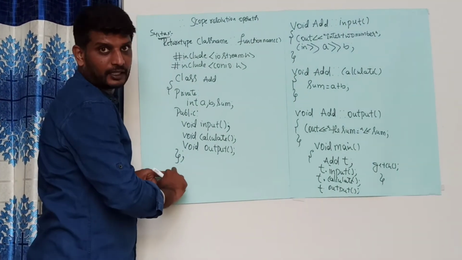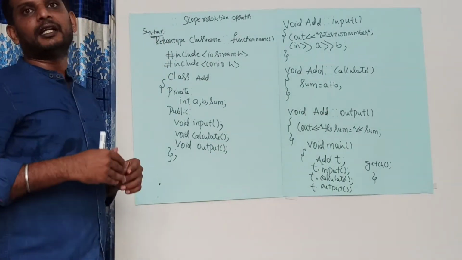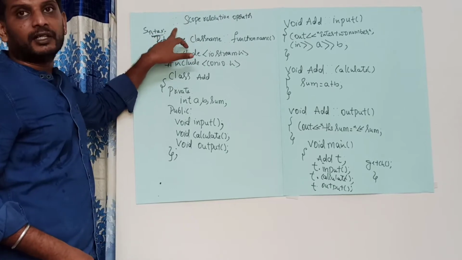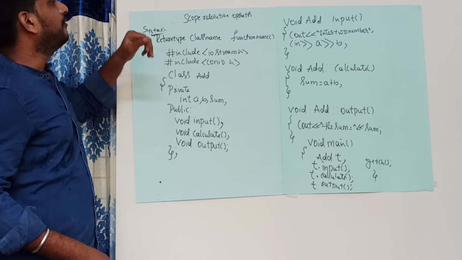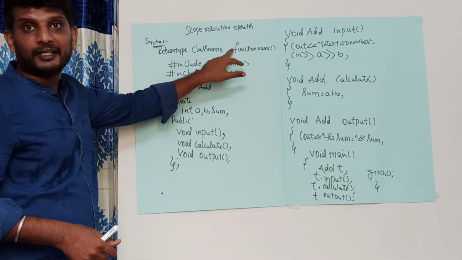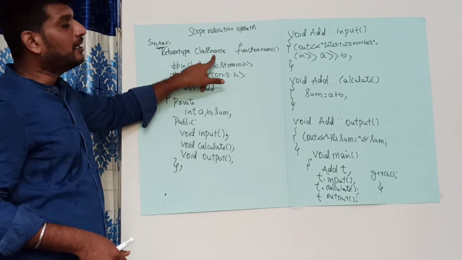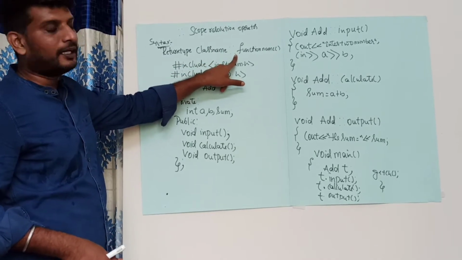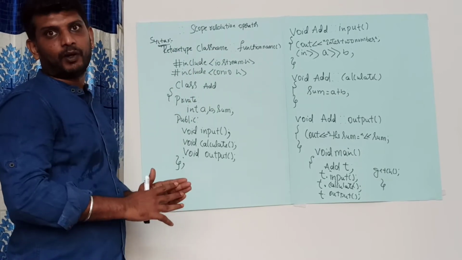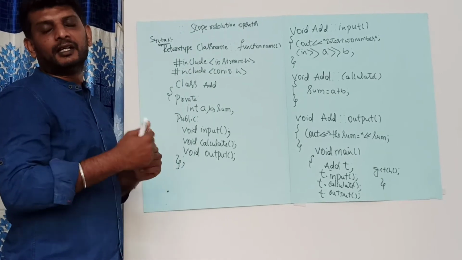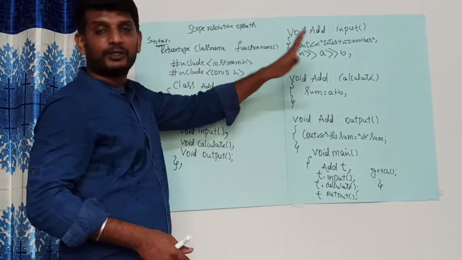This is the end of the class, and I am defining it outside the class. For defining the member function outside the class, I need to use the scope resolution operator. So you need to follow this syntax: return type followed by the class name followed by the scope resolution operator and the function name. The rest remains the same. Whatever functionalities you wrote in the previous program, the same functionalities need to be written outside the class.